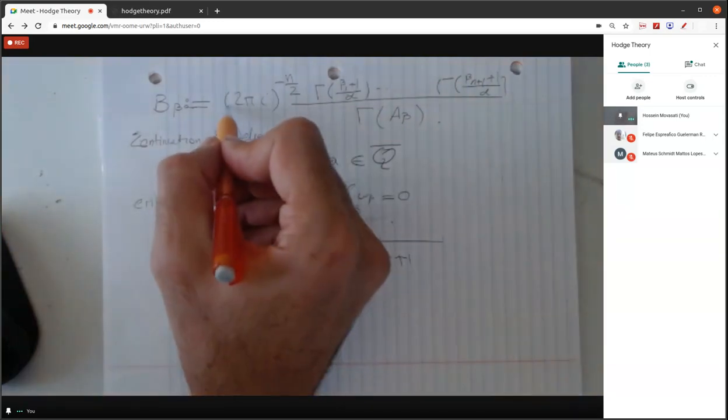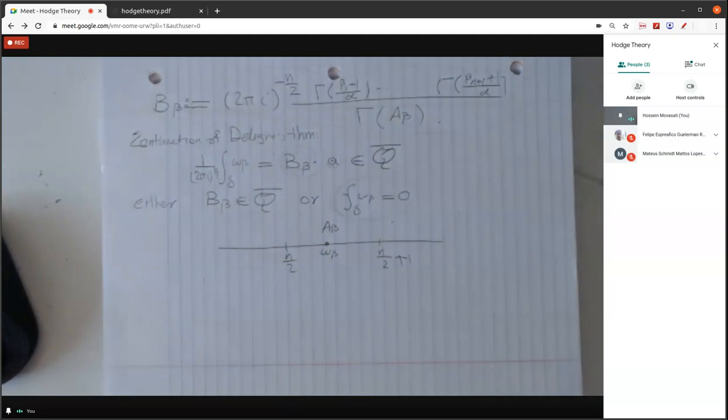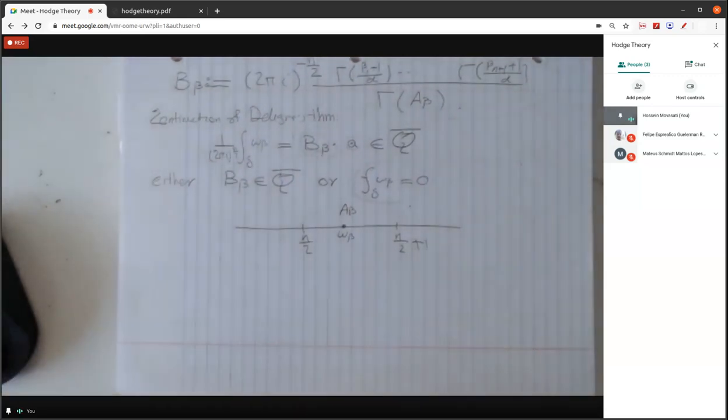And remember, you look at this b beta, there is no reason for it to be an algebraic number. So okay, let's try to see that this theorem of Berlin reduces to some, let's say, elementary number theory.